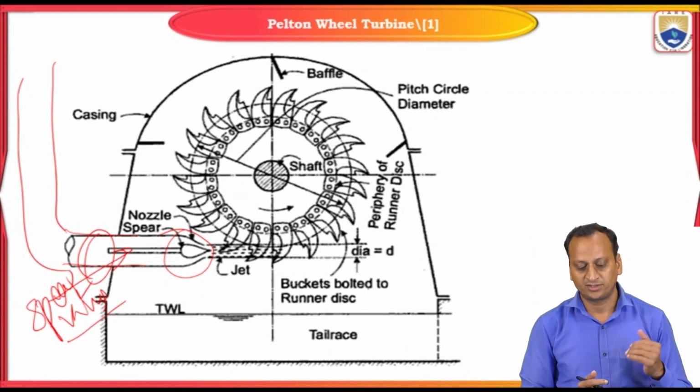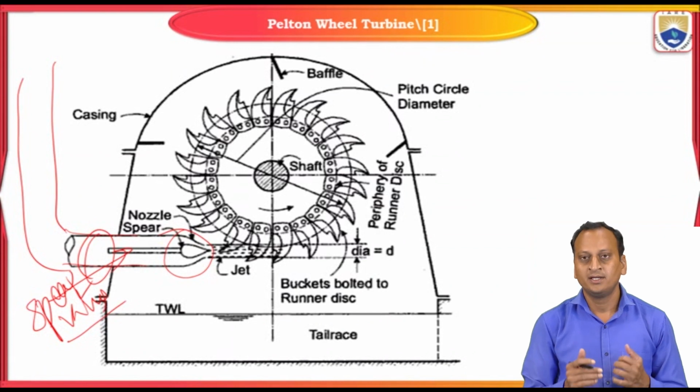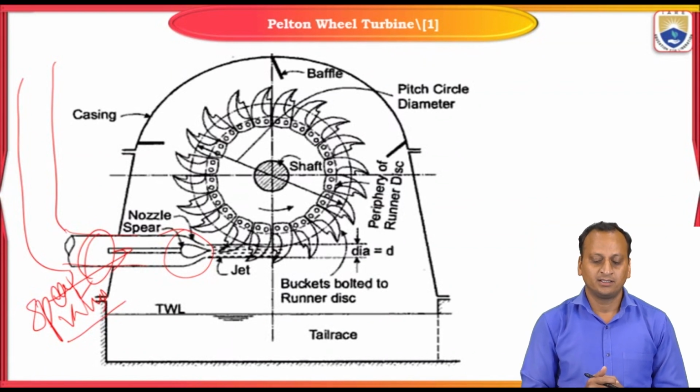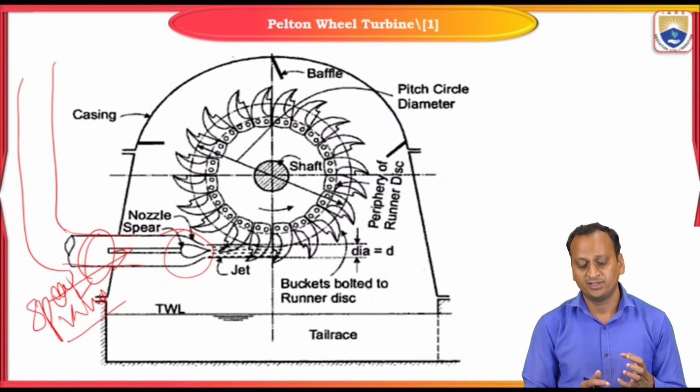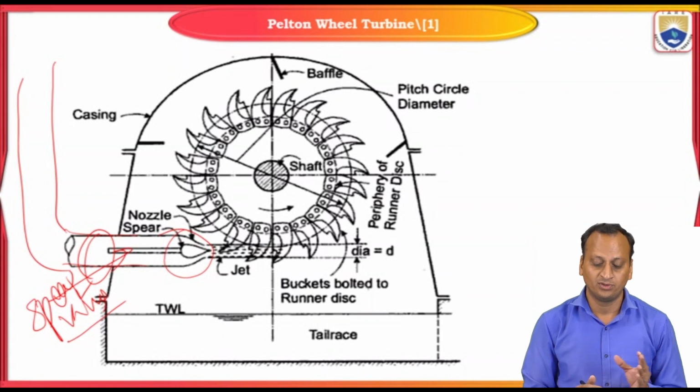According to the fluctuations, the changes in demand outside of the powerhouse, the governing mechanism will regulate the amount of flow onto the turbine with the help of the spear valve.